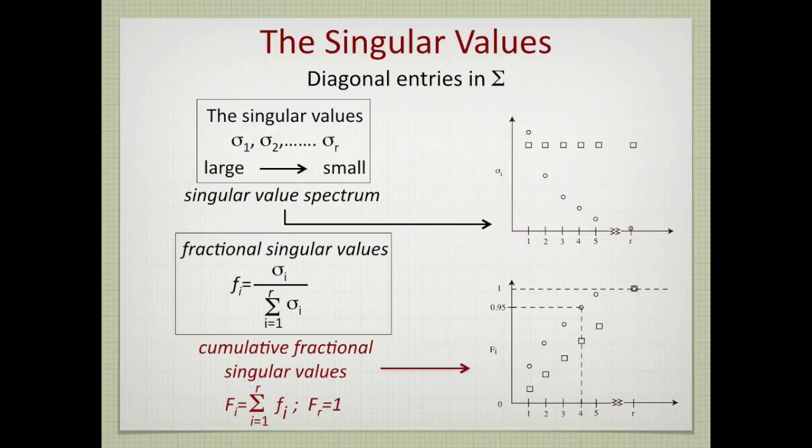to 1. And if I state that criteria where it says I want to only capture 95% of the singular value because the rest of it is going to be noise or not of importance to me, I can cut the singular value spectra off at that point in time. And I think in this slide here, it would be at 4 singular values, even if there are many, many more there, because the first 4 will give me the bulk of the information in the matrix.